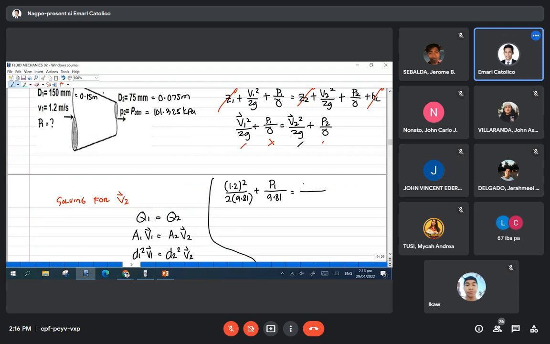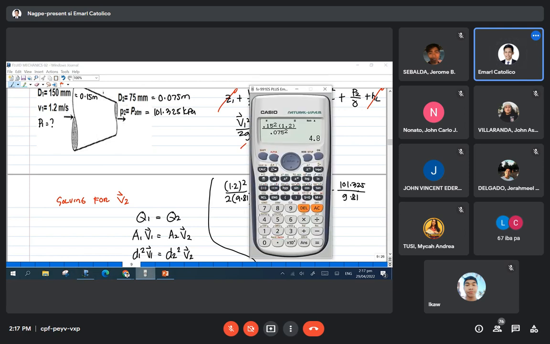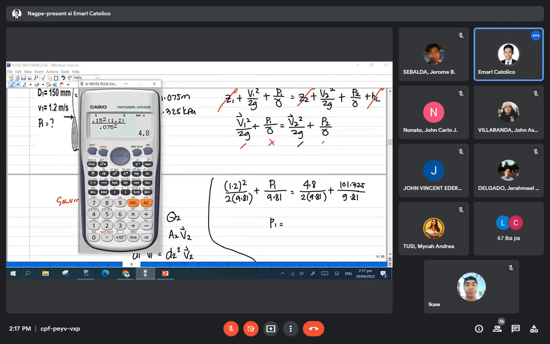Dito natin, yan yung na-solve natin. So, 4.8 squared divided by 2 times 9.81 plus dito natin 101.325 divided by gamma, which is 9.81. Okay? So, maganda, i-simplify nyo na sa calculator nyo. Pagsamahin nyo yung velocity and also yung pressure. Okay.